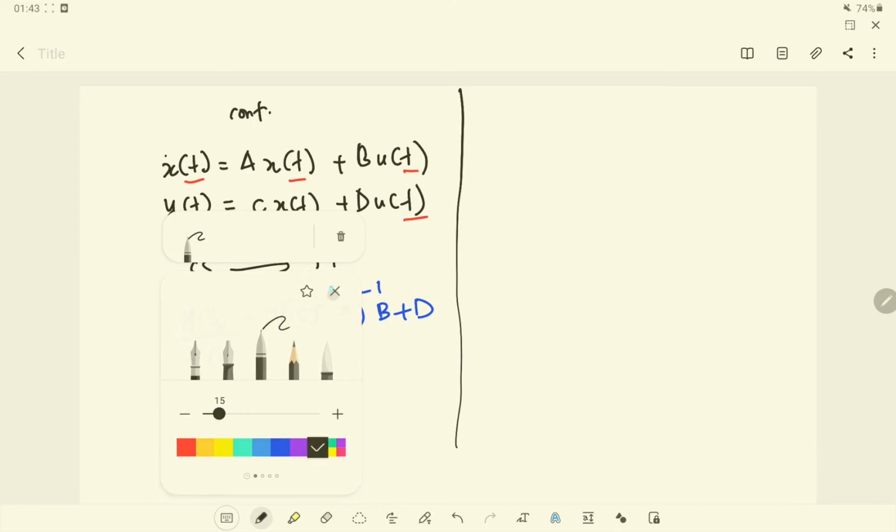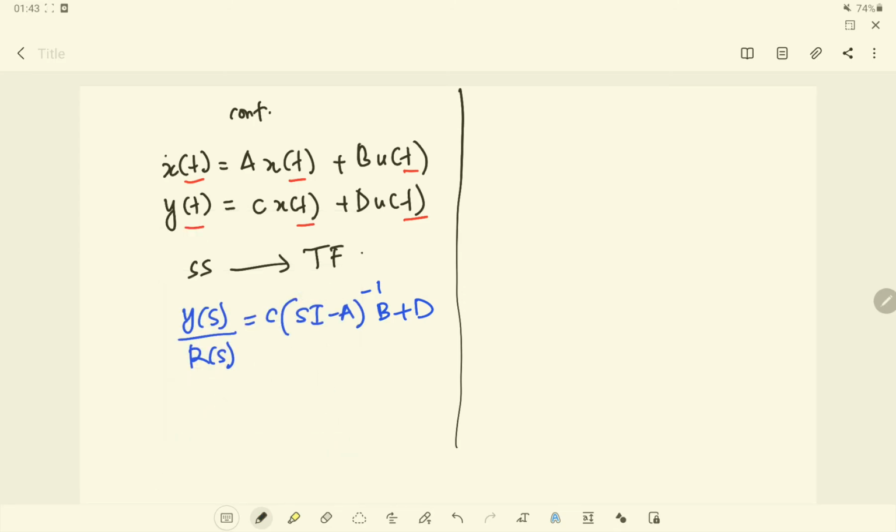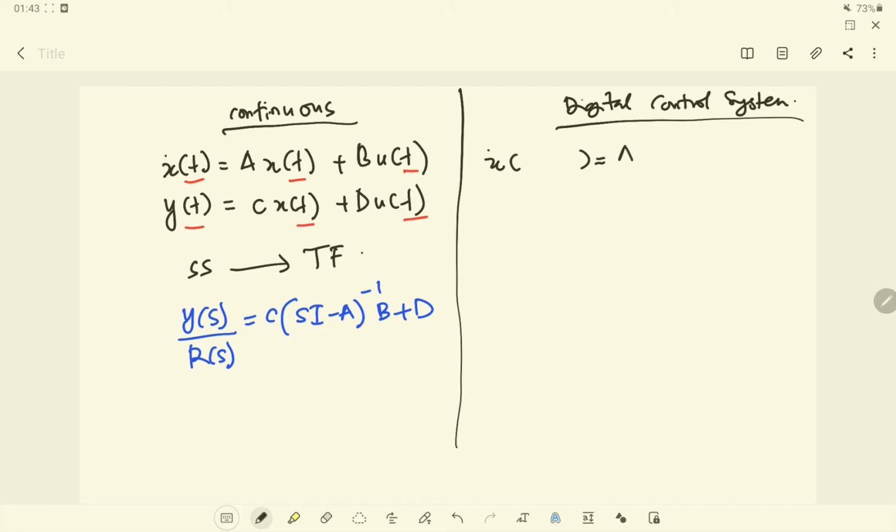Whilst in digital control systems or digital forms, we have the same state space equations: x(k+1) equals Ax plus Bu, and y equals Cx plus Du.